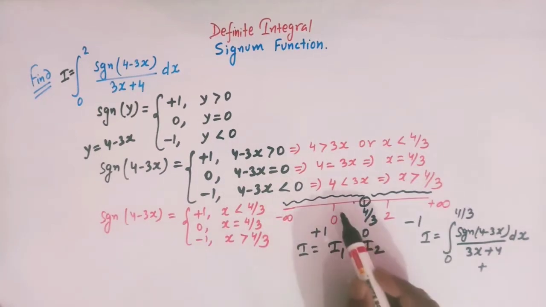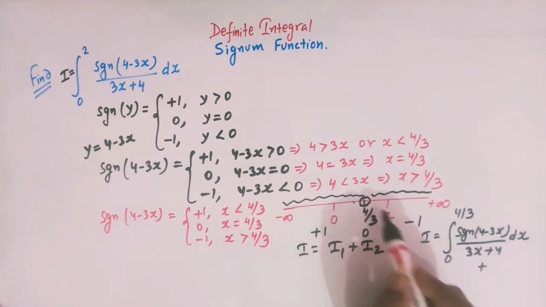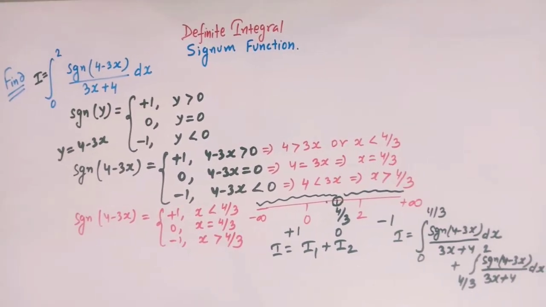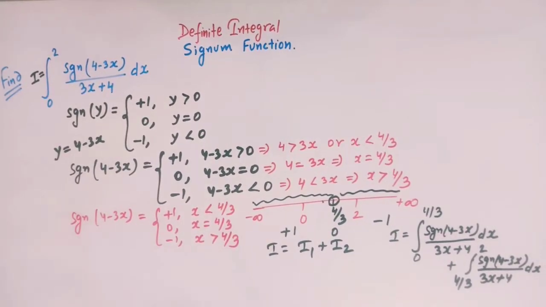So the first integral goes from 0 to 4 by 3, and the second one goes from 4 by 3 to 2, and we have signum of 4 minus 3x over 3x plus 4 dx, right? Okay, so now we have these two integrals to solve.